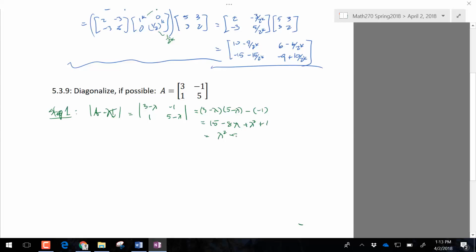So lambda squared minus 8 lambda plus 16. And we want to know when this is equal to 0. And it looks like we can factor this. This is lambda minus 4 squared. So it's a perfect square, which means that we have lambda equal to 4. It has multiplicity 2. So we'll call this an algebraic multiplicity.